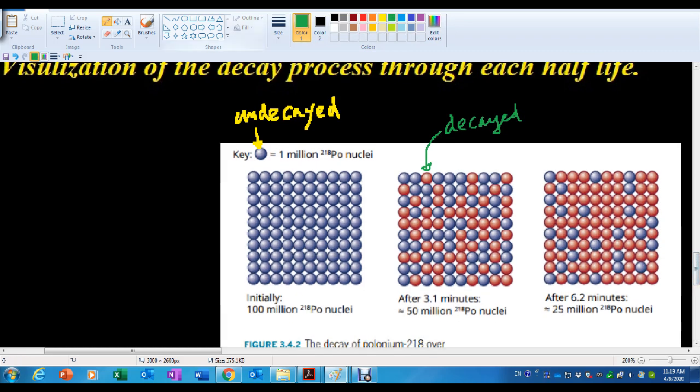So for the first figure, you see that all nuclides are blue. That means all nuclides are undecayed, right? But after some time, after 3.1 minutes, what's so special about that 3.1 minutes?